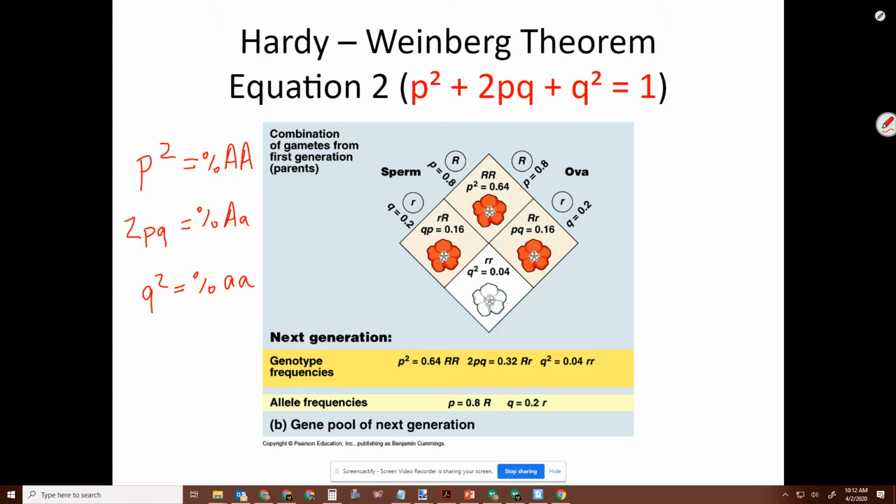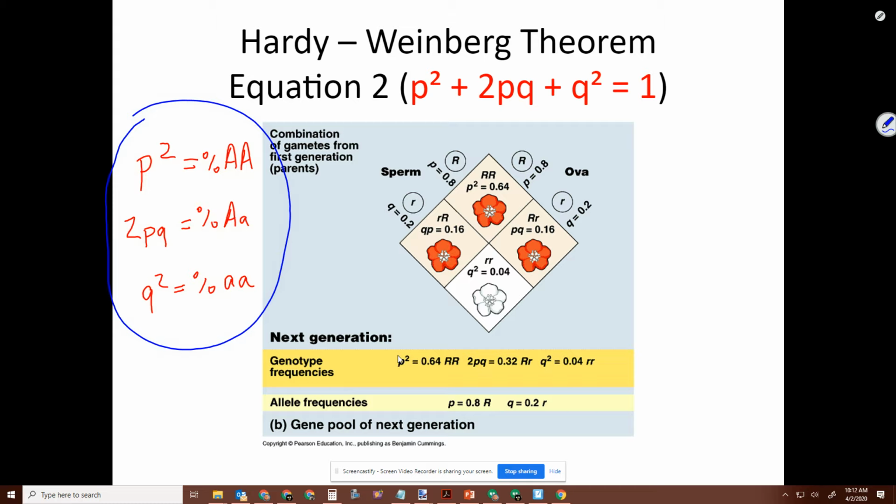And so what this one gives you, whereas the previous equation gave you the percentage of alleles, dominant and recessive, this equation gives you the genotype frequencies.